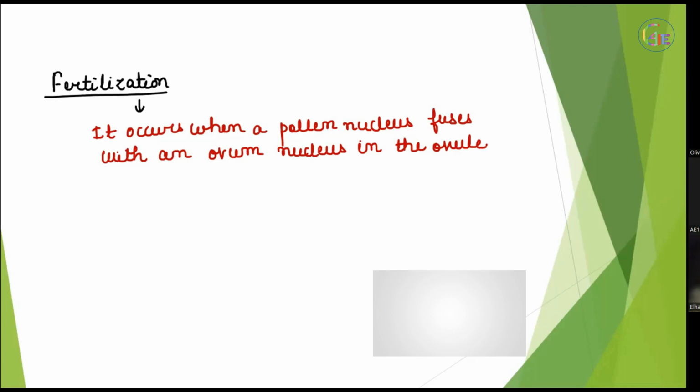Okay. So what happens is, in case of humans, the male cell is your sperm, and that contains a tail, right? And that tail helps in moving to reach the ovum or the egg cell.